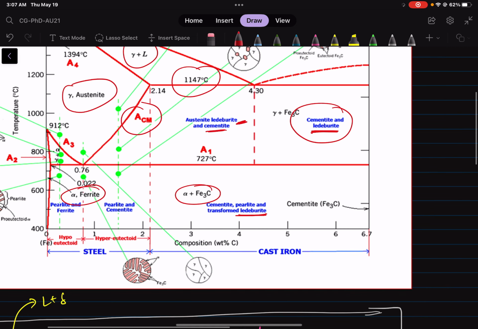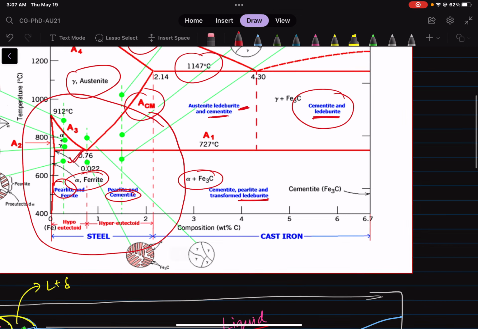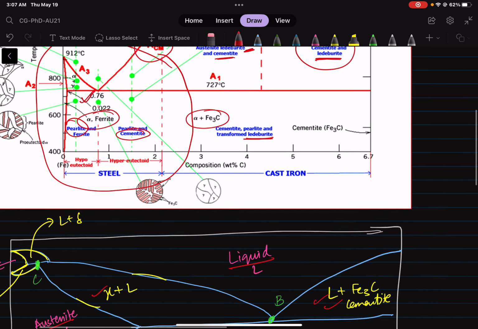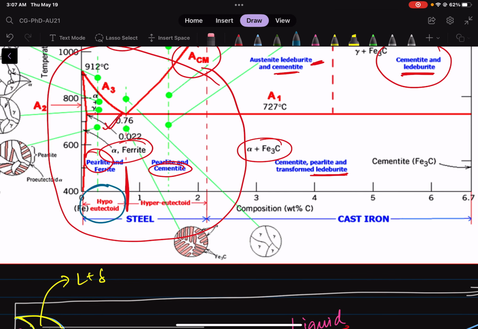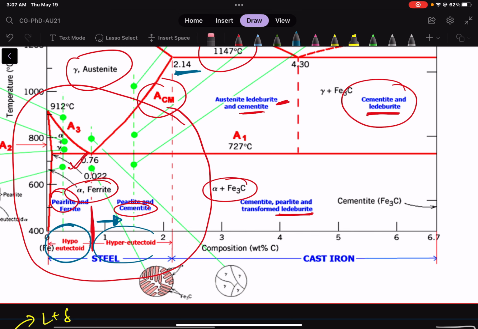And try to remember at least this side. This is a very important side, the eutectoid side, where you have pearlite, cementite, ferrite, the 0.76 value. Everything on the left of the eutectoid reaction is referred to as the hypoeutectoid. Everything on the right of the eutectoid reaction till 2.14 is referred to as the hypereutectoid system.